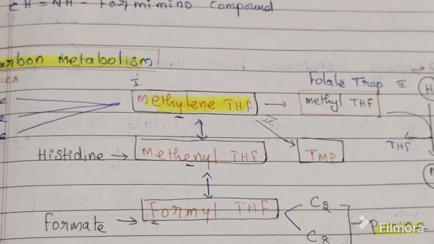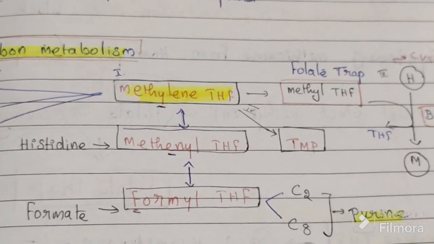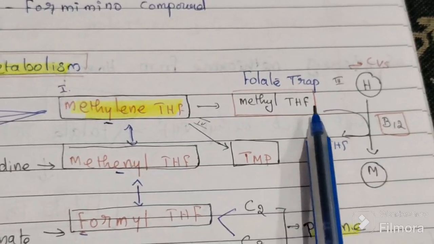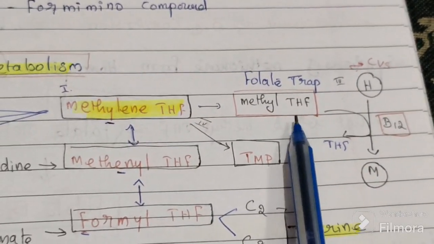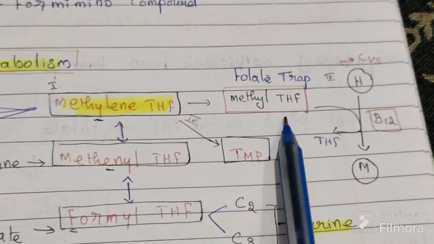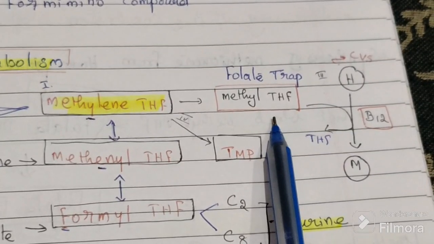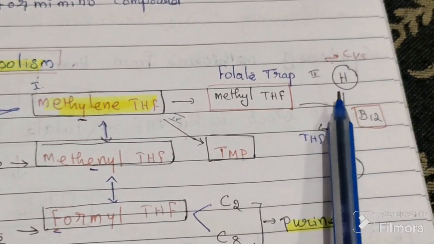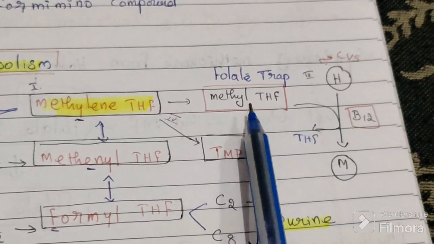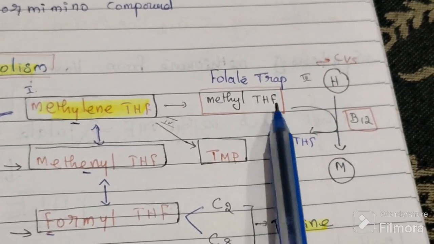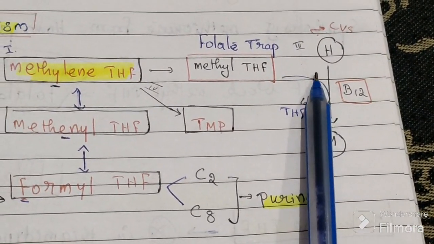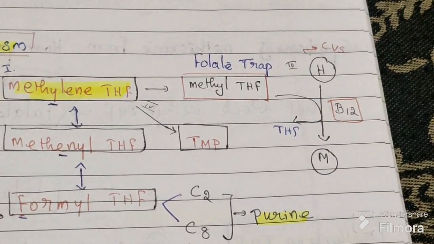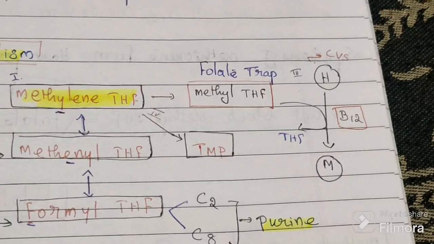Here the irreversible reaction converts it into methyl tetrahydrofolate. This methyl tetrahydrofolate is responsible for conversion of homocysteine to methionine, and this reaction requires vitamin B12.